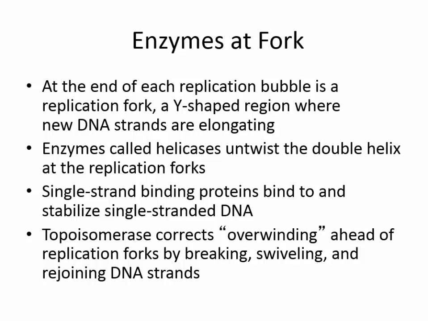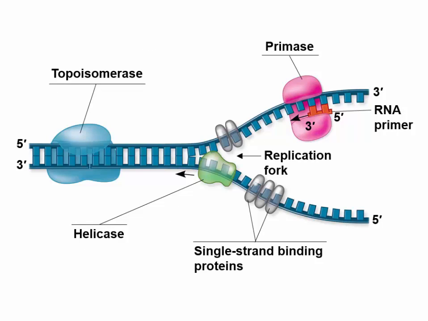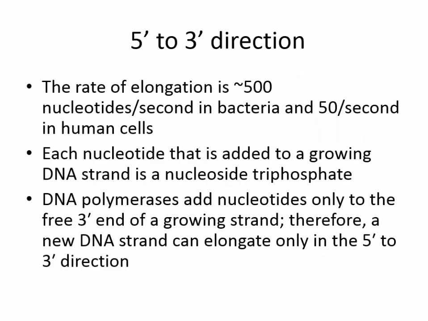So it's a magical enzyme that does this for us. And here we have topoisomerase fixing the DNA, but we have primase, which is working its way towards the replication fork, and single-strand binding proteins stabilizing the opening of the DNA double helix.